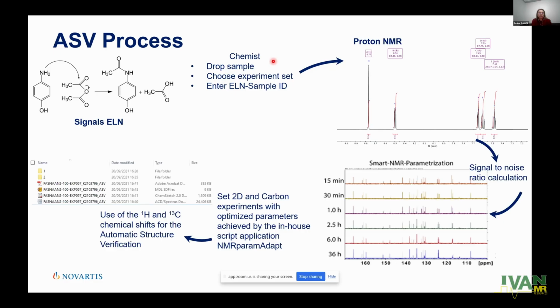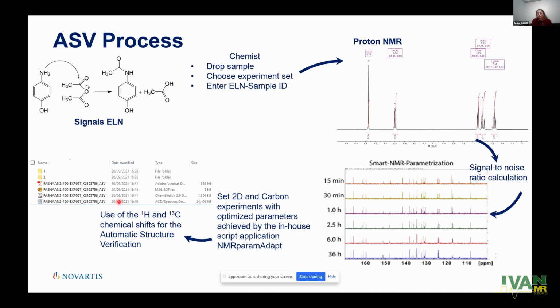And we finish in the folder. The chemist will have the raw data, a PDF from the ESV, and an SDF file from the ESV. In this SDF file, a lot of information is summarized, like the structure, the match factor, journal lines, and the raw data. Where are the raw data, for example? The mol file that we retrieve will also be here, and the Spectrus file from ACD.